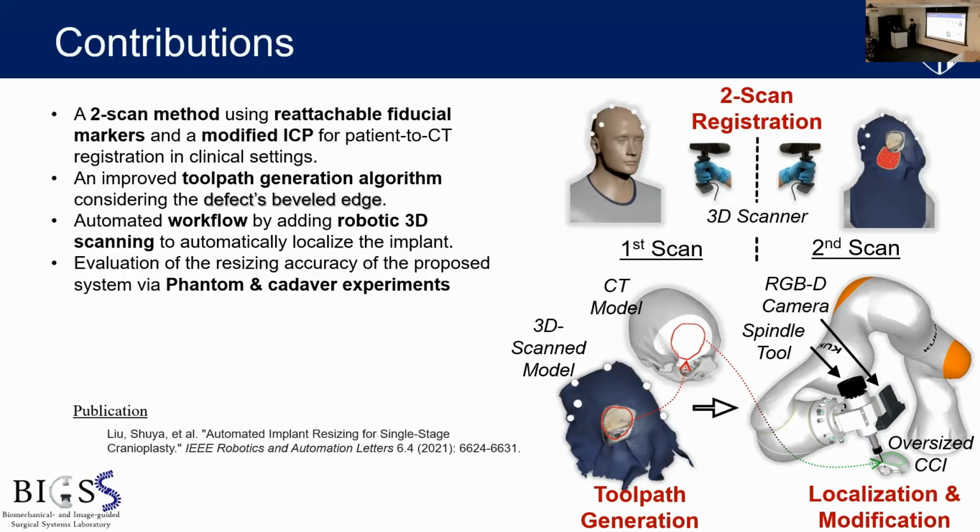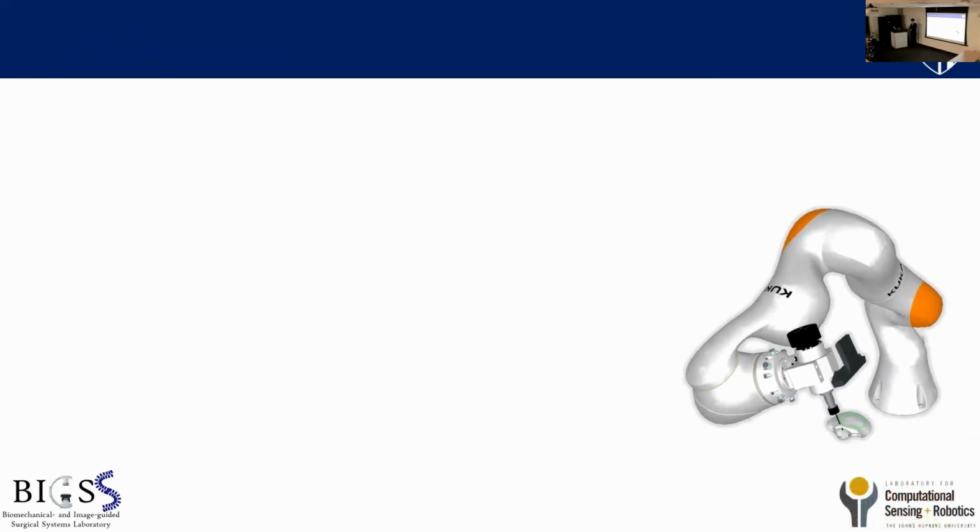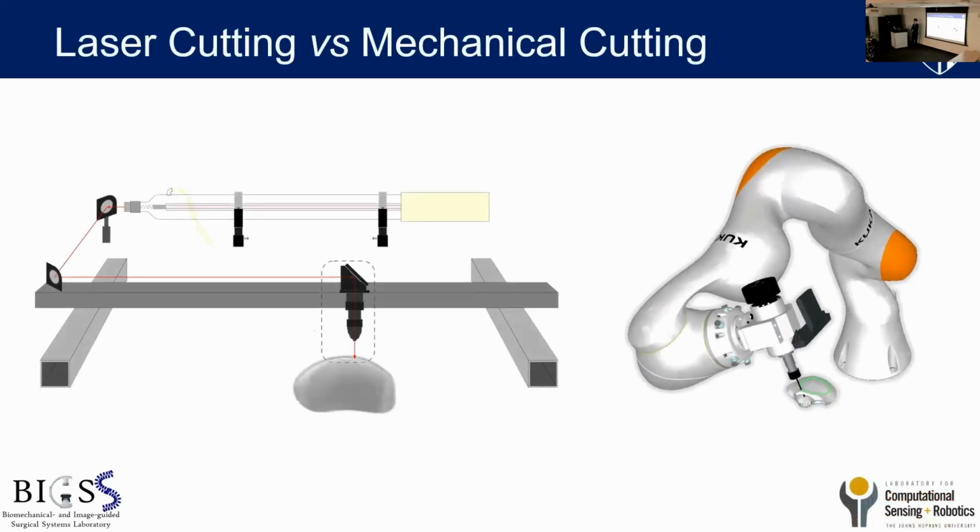And then we performed cadaver and phantom experiments to evaluate our system's resizing accuracy. And the system demonstrated higher resizing accuracy than the manual approach. However, with the 7-degree-of-freedom KUKA robot, it's still using a mechanical cutter, which can create a lot of noise and dust.